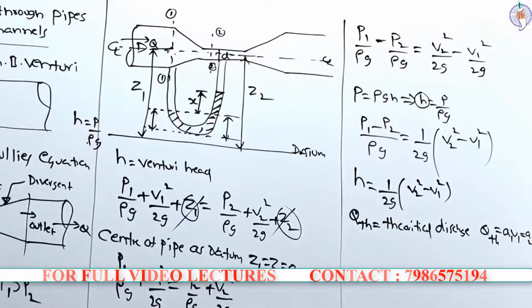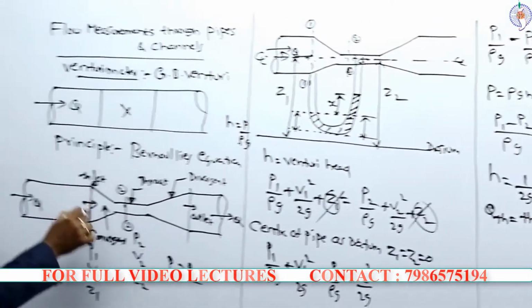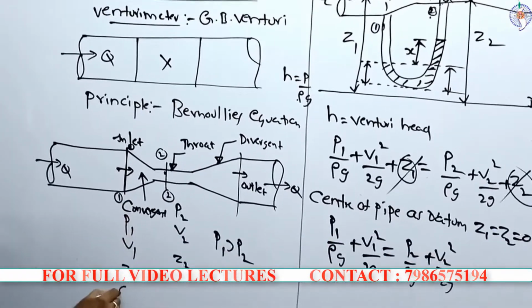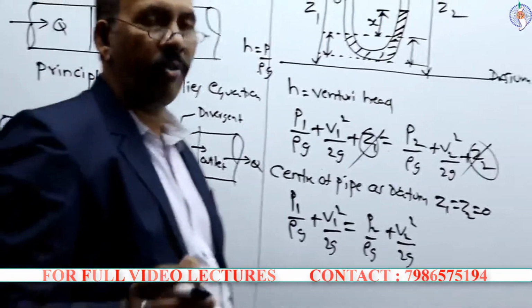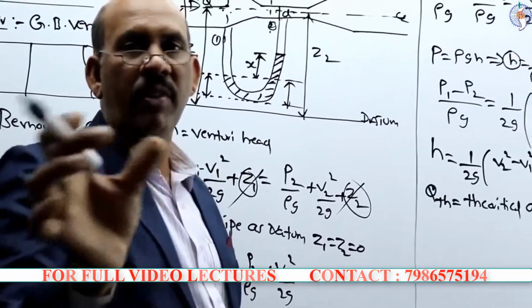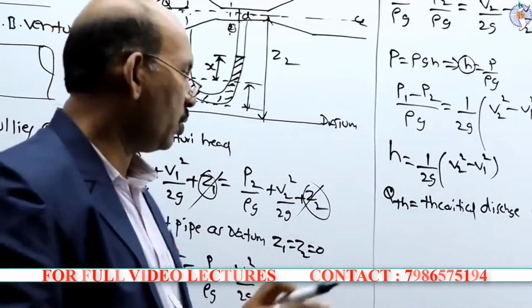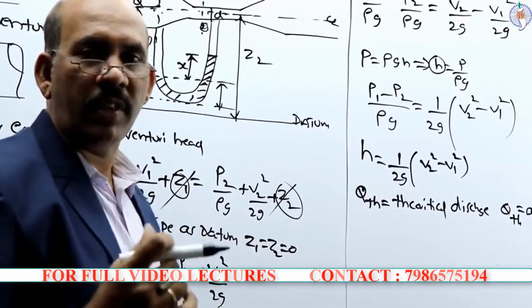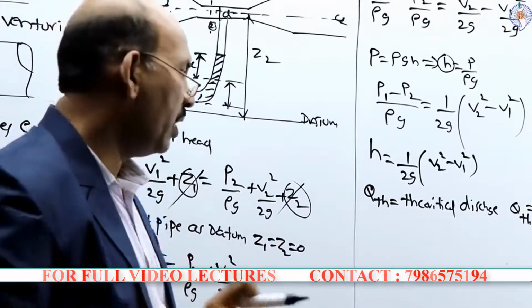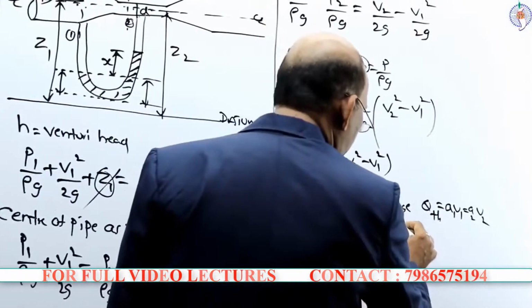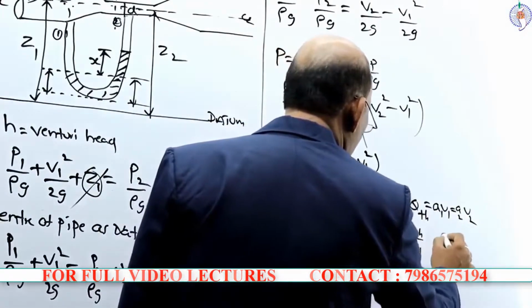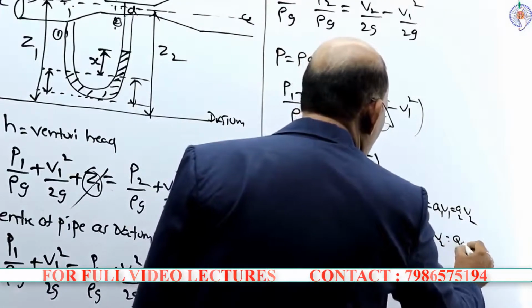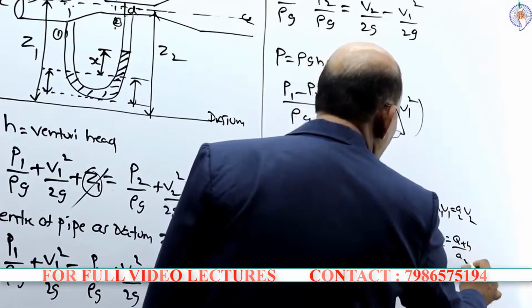That means A1 is the area at section 1, A2 is the area at section 2, and V1, V2 are the velocities at 1 and 2. So according to the continuity equation, Q is equal to A1 V1, and hence V1 is equal to Q theoretical divided by A1, and V2 is equal to Q theoretical divided by A2.